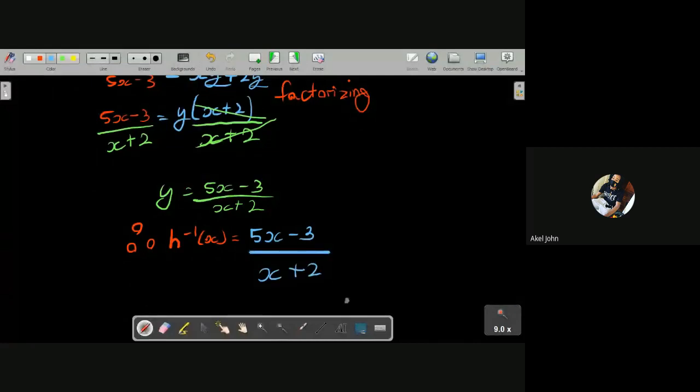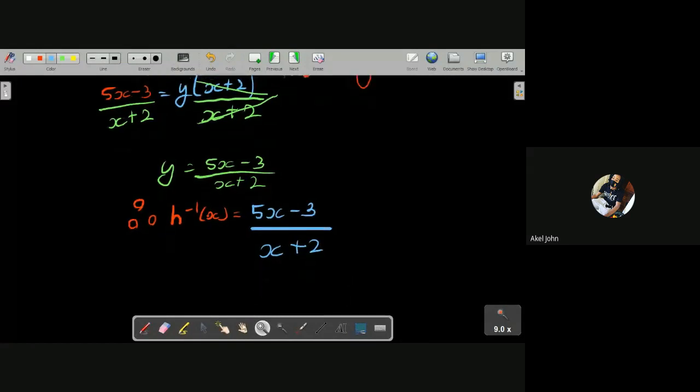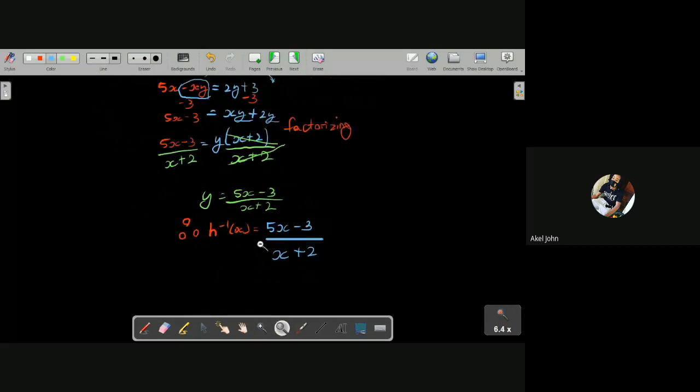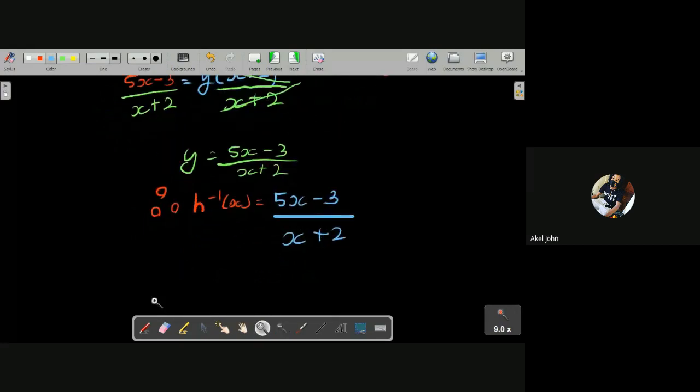So 5x minus 3 over x plus 2. This would be the inverse of h of x. And that was for 3 marks.